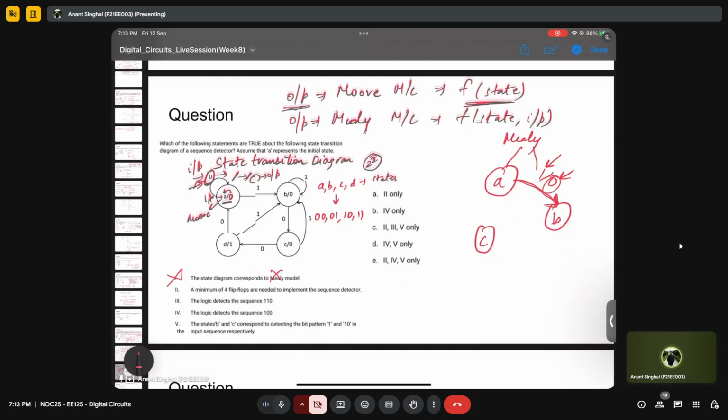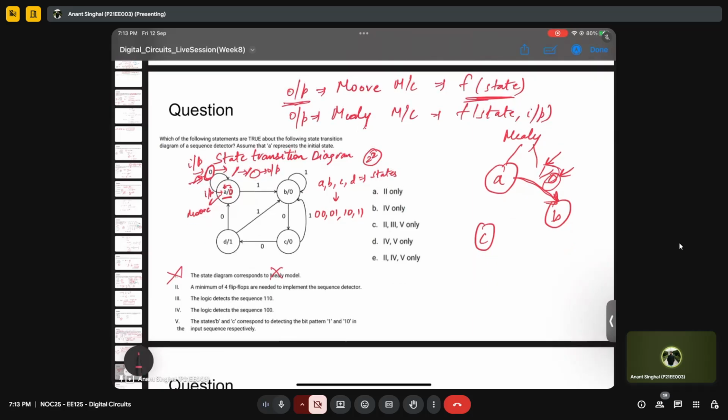For example, let me rewrite it. If it had been written like this, with any connection, then what this diagram says is that when the input is 1, the state transitions from A to B, and then the output is 0.